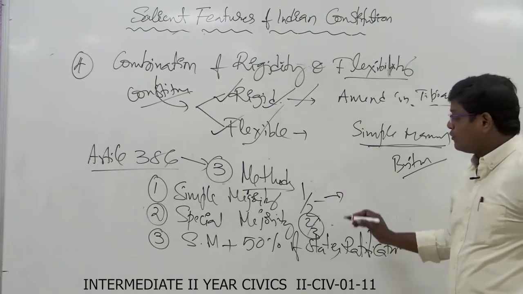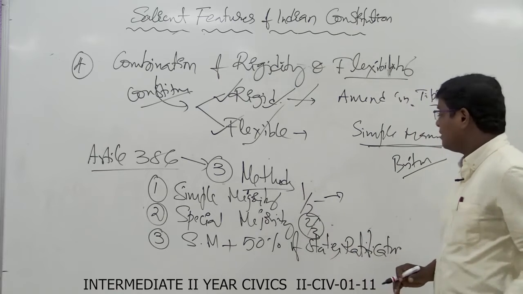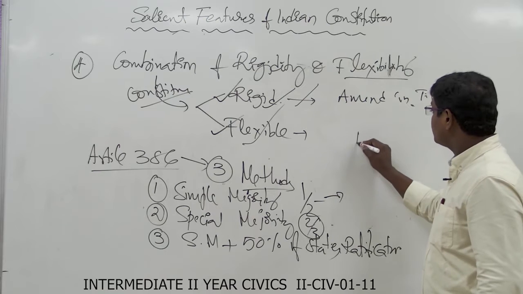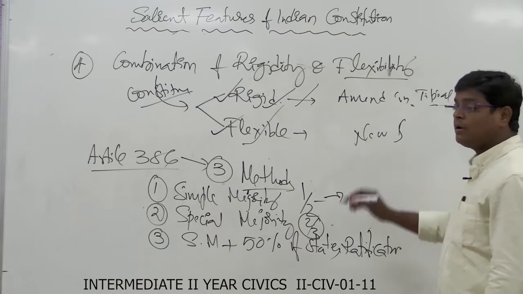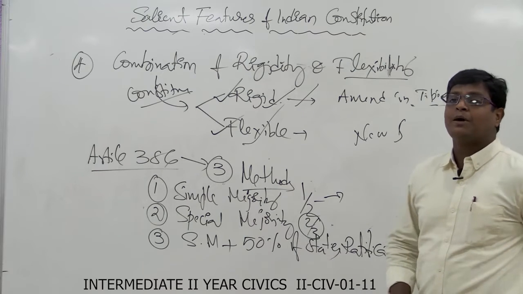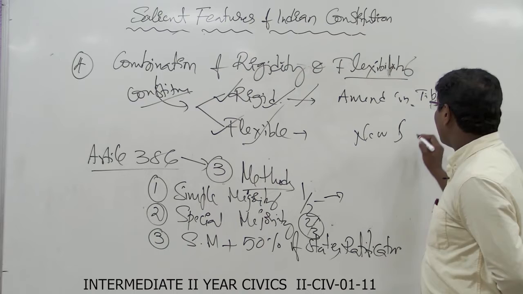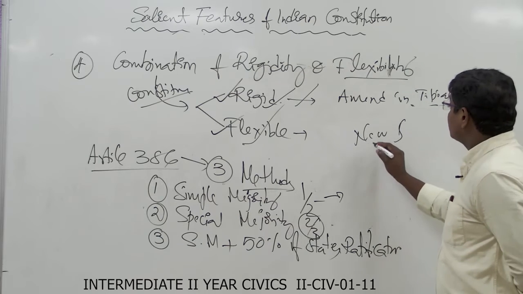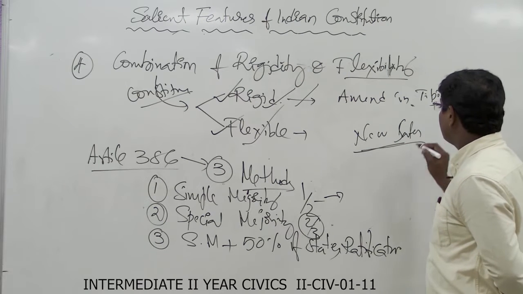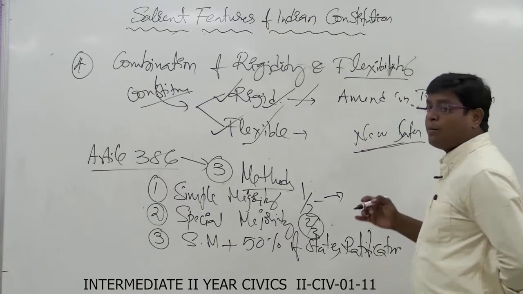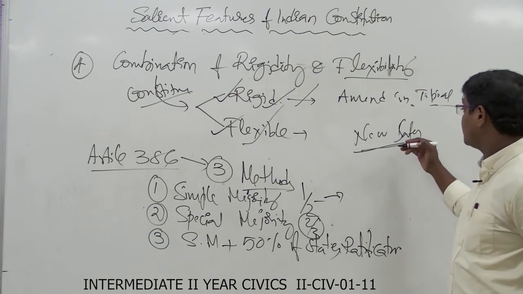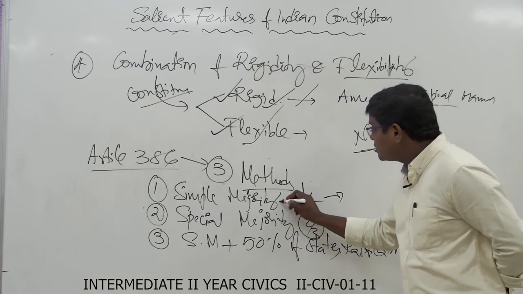What are the important provisions to amend by simple majority? For example, creation of new states. At the time of formation of Telangana, we amended Part 1 of the constitution under Article 3. Understood? So that was based on simple majority: formation of states, and also alteration of the boundaries of the states. It also comes under simple majority.